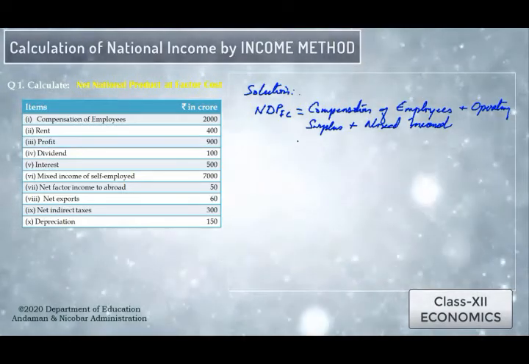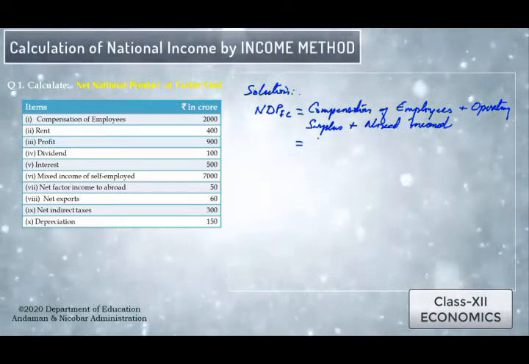By adding all this together we get the value of NDP at factor cost.